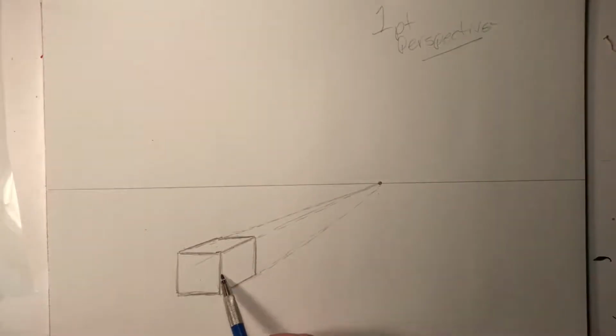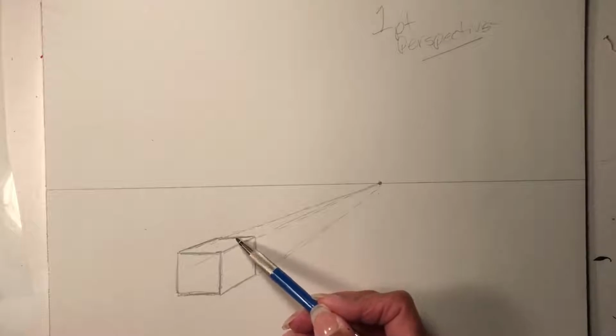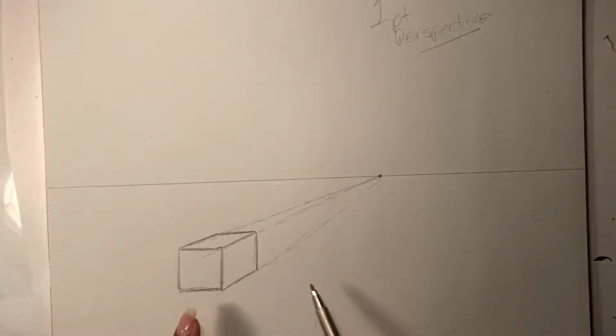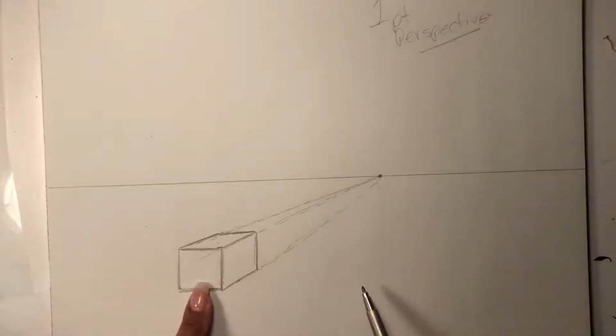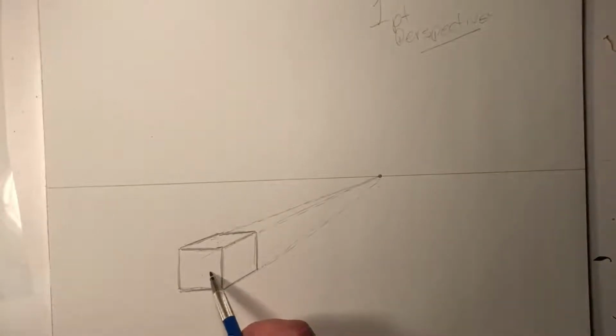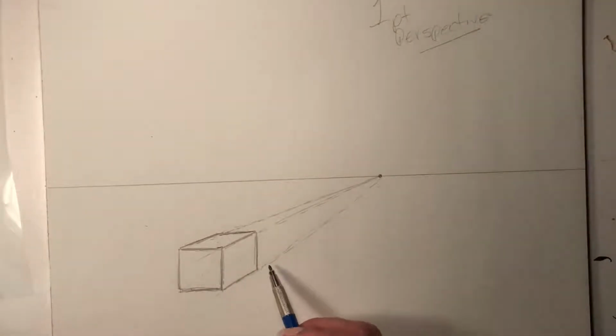Then you're going to have 1, 2, 3 vertical lines that stand straight up and down. And then you're going to have 1, 2, 3 horizontal lines that go from left to right in an opaque box. If this box was transparent, yes, you would be able to see the inside lines, but we're going to do a transparent box in another tutorial.